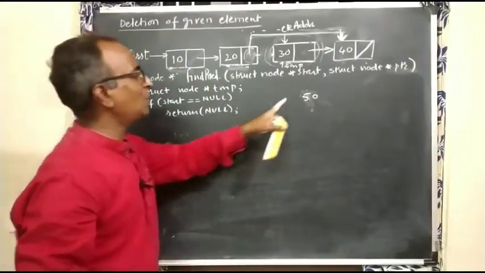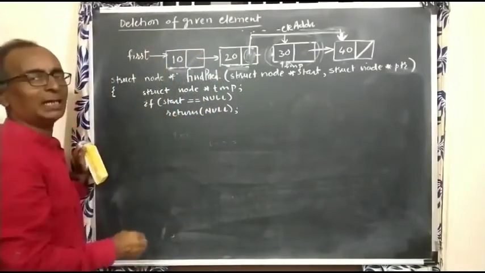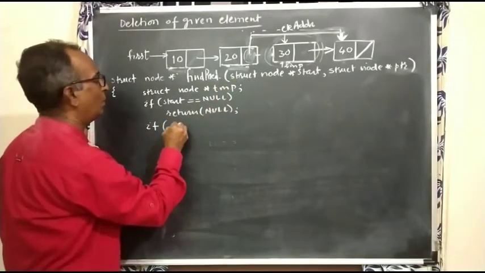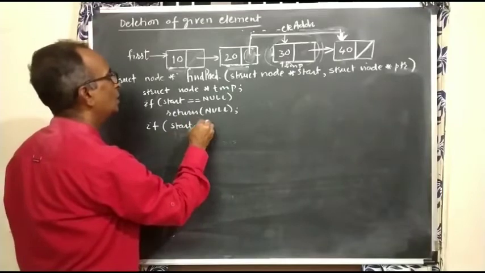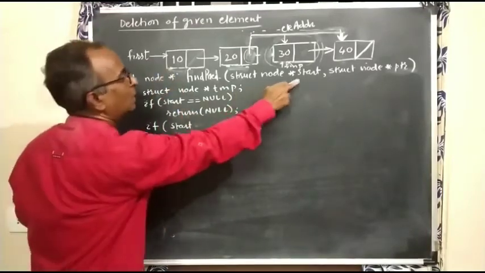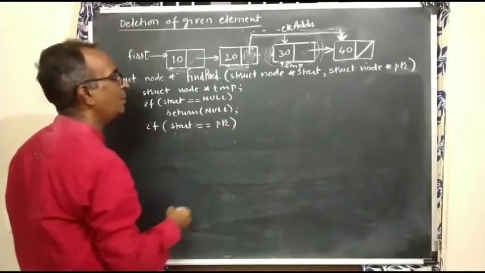If the address you are searching for is the first node's address itself, that is, if start is equal to PTR, what does it mean?